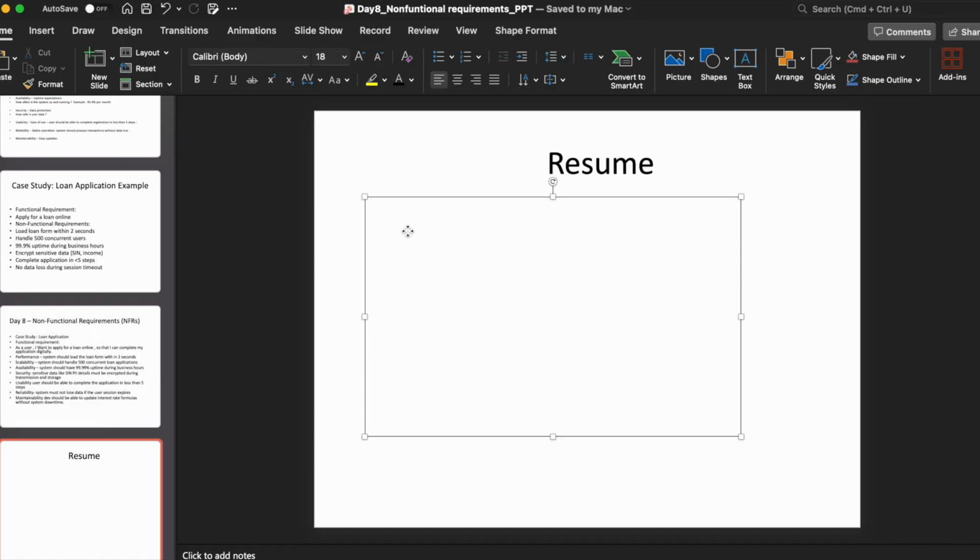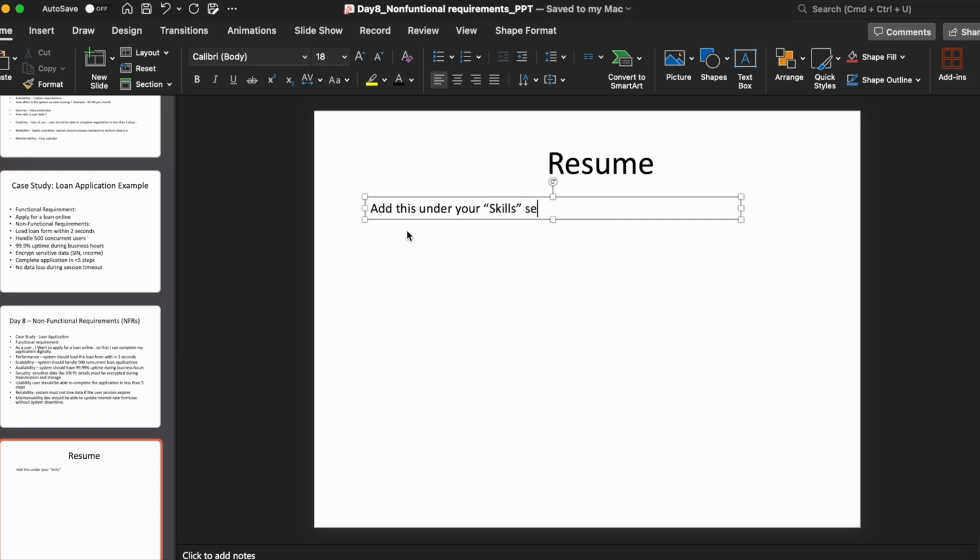Maybe you can add this under your skills section: non-functional requirements.